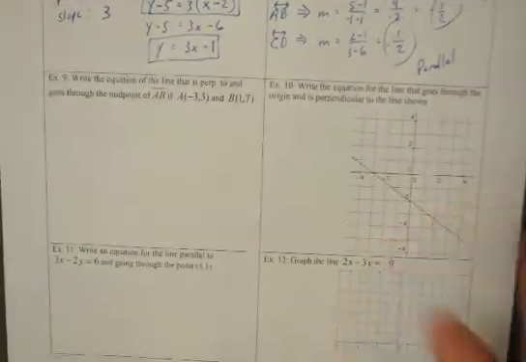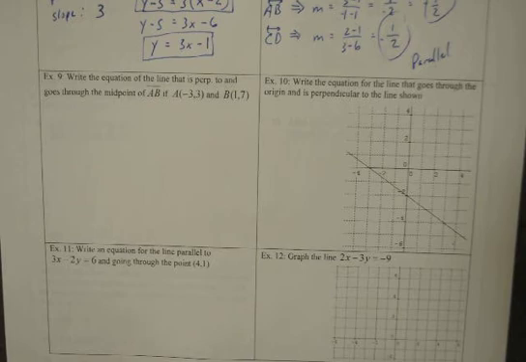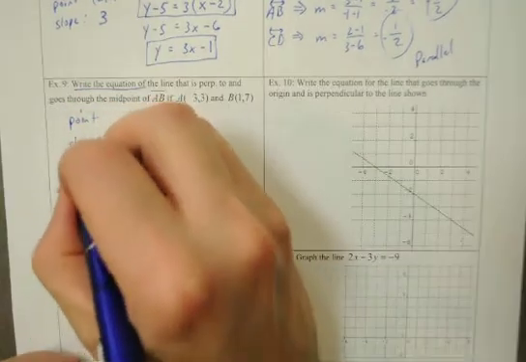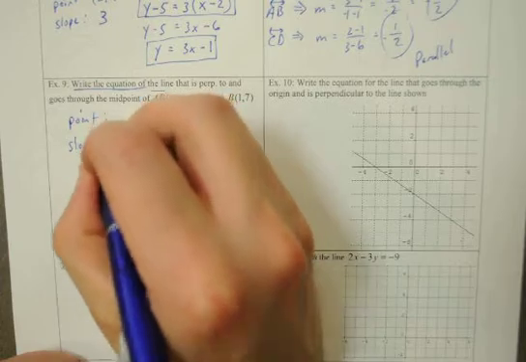Number 9. It says write the equation of the line that is perpendicular to and goes through the midpoint of the following. Do we have a graph? No, we do not. But we are writing an equation of a line, so I'm going to need a point and a slope.